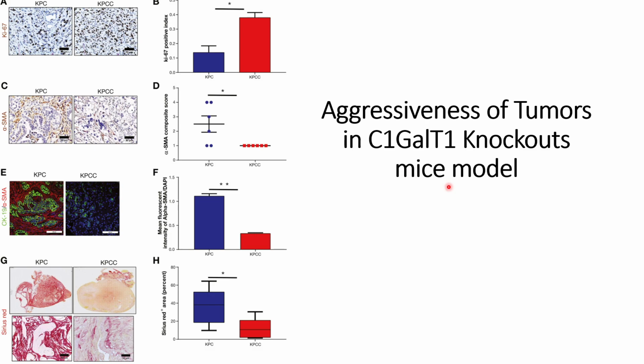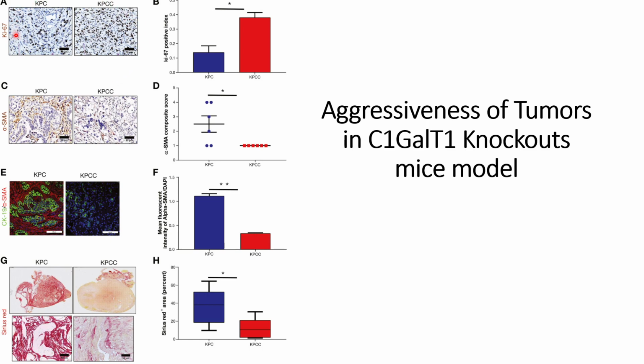These studies are compared against the mice model that has this pancreatic tumor, but C1GalT1 is not knocked out. That mice model has the KRAS mutation and TP53 mutations along. Those mutations are there in the control mice model.